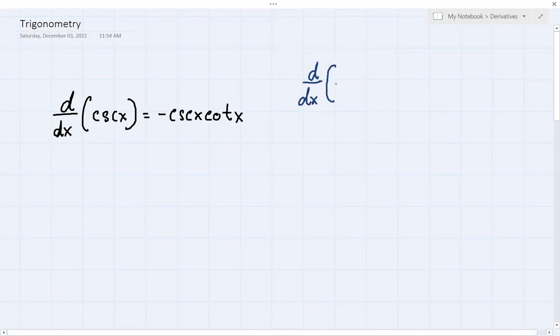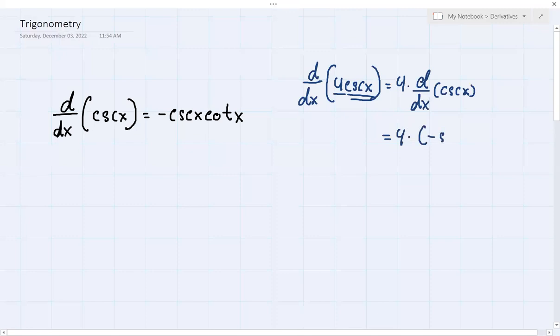So, kunin natin yung derivative ng 4 times cosecant x. Okay? So again, constant at meron tayong trigonometric function na cosecant x. So we have 4 times the derivative of cosecant x. So, anong derivative ng cosecant x?